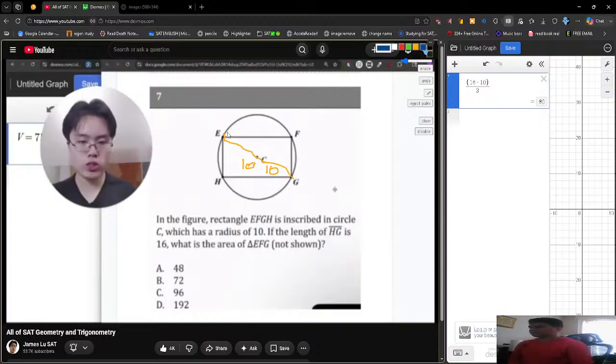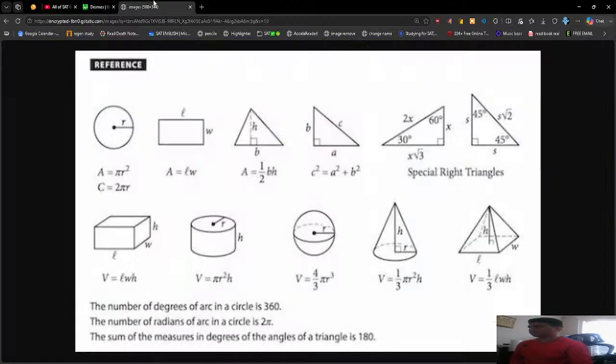Alright, so we want to find EFG, this red triangle. So to find EFG, you have to do length times height. Wait, does it say it? Yeah, length times width, and then divided by 2, like that.